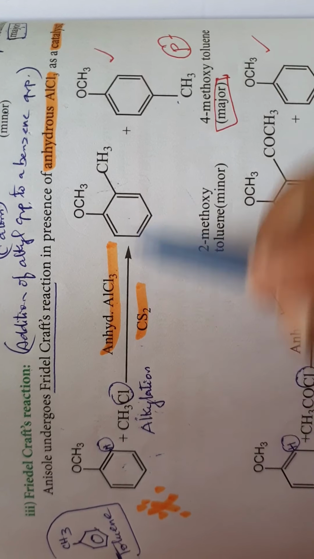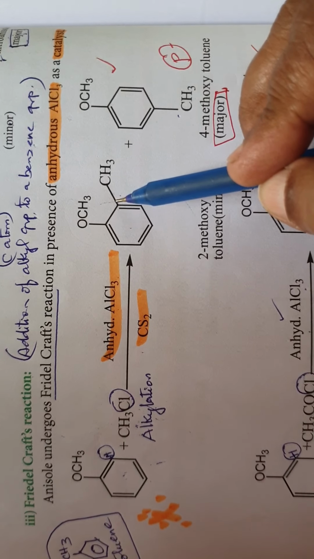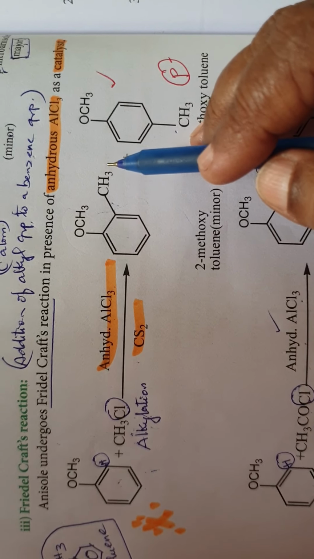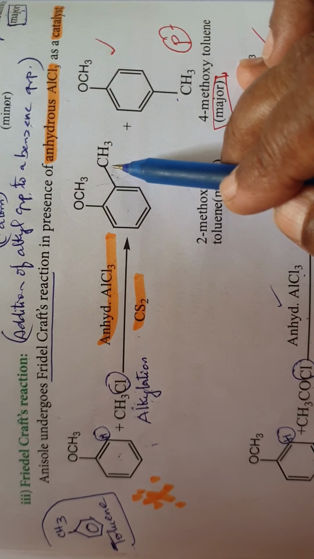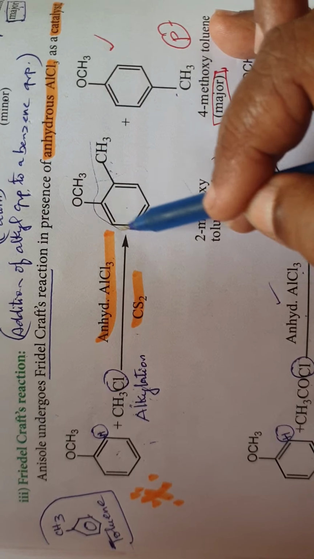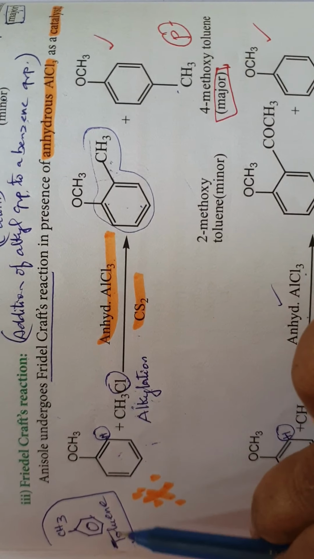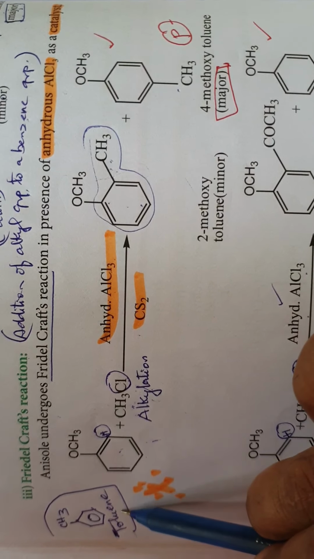If hydrogen is removed from the ortho position, you will get the ortho product. What is this called? To name this compound, let's take only this part of it. C6H5CH3 is called toluene. The OCH3 group is called a methoxy group.